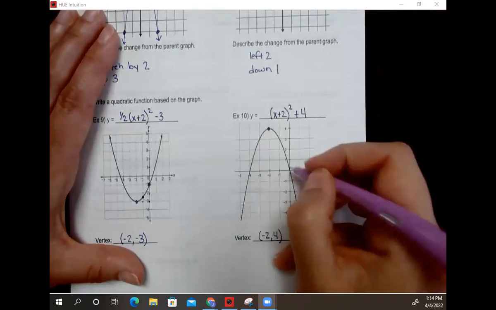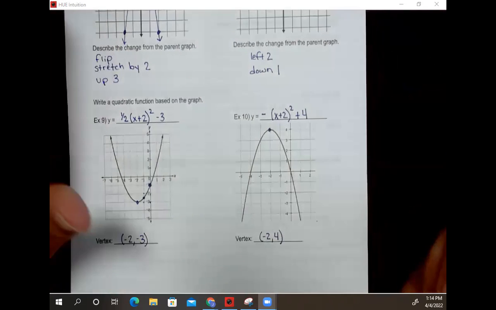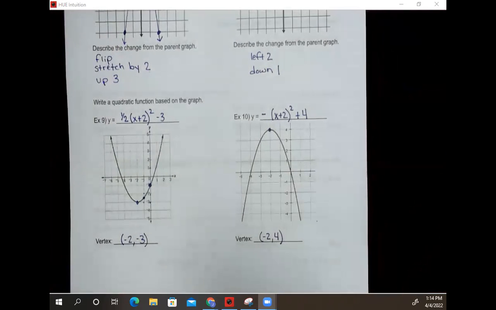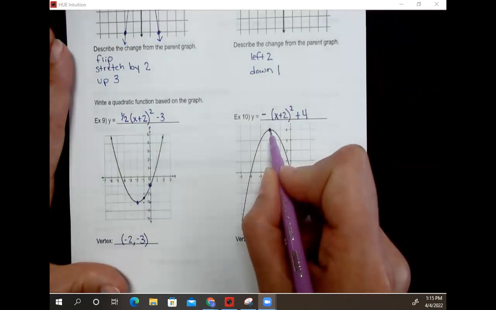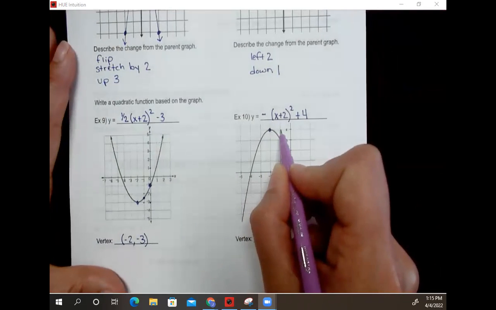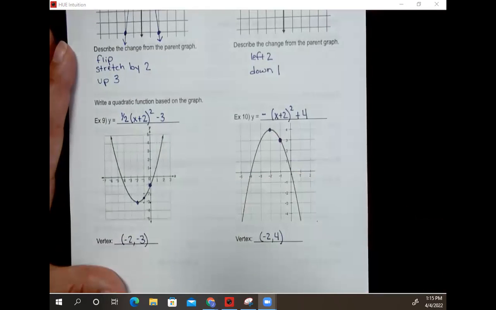Since my graph opens upside down, I know my lead coefficient has to be negative. And then I want to check to see if I need to change that value there, if it's -1 or if it's -3 or what it should be. So to check that, I'm going to count from my vertex to the next nice point. I expect it to be out 1 and down 1 since we're negative here. And I land on the graph for that.